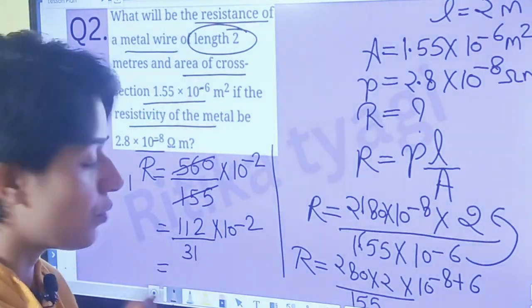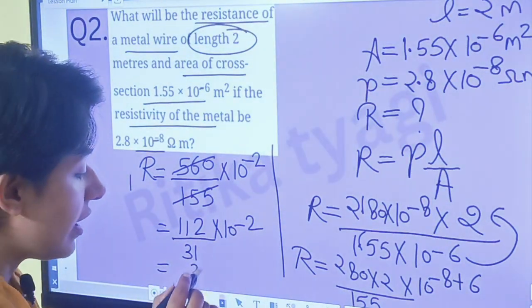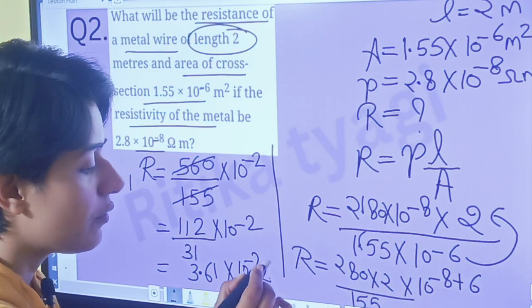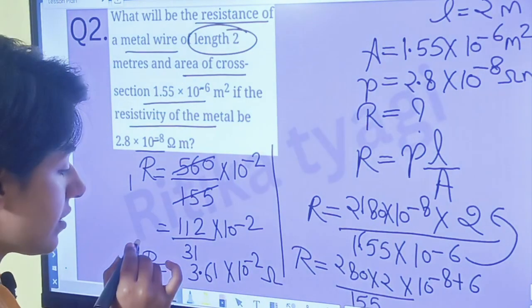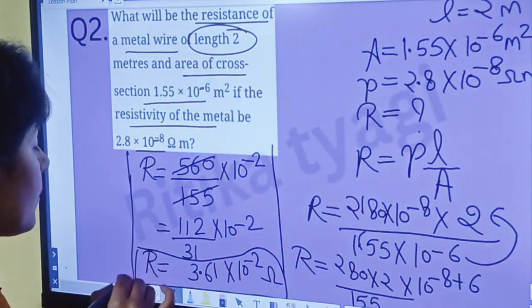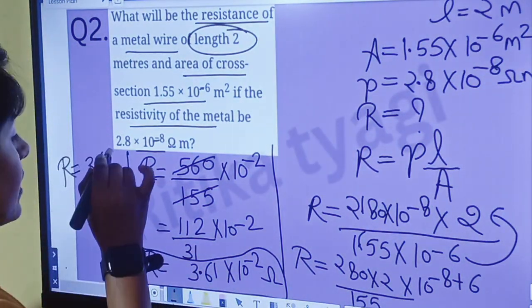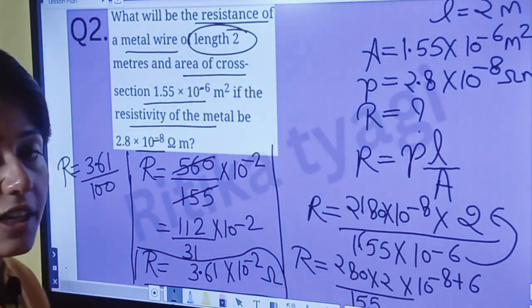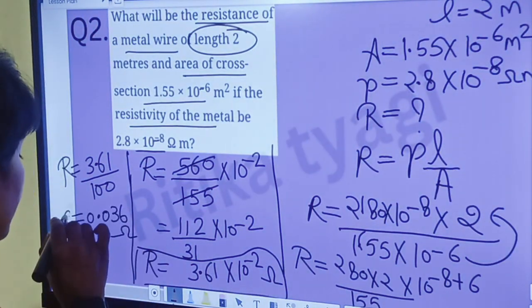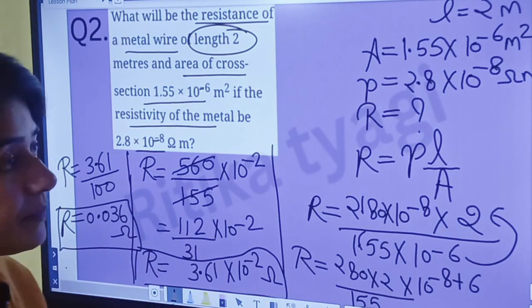Dividing 112 by 31, we get 3.61 multiplying 10 to the power negative 2 ohm resistance. We can also write it as 10 to the power negative 2 means divided by 100. Then we get 0.6 ohm resistance of this wire.